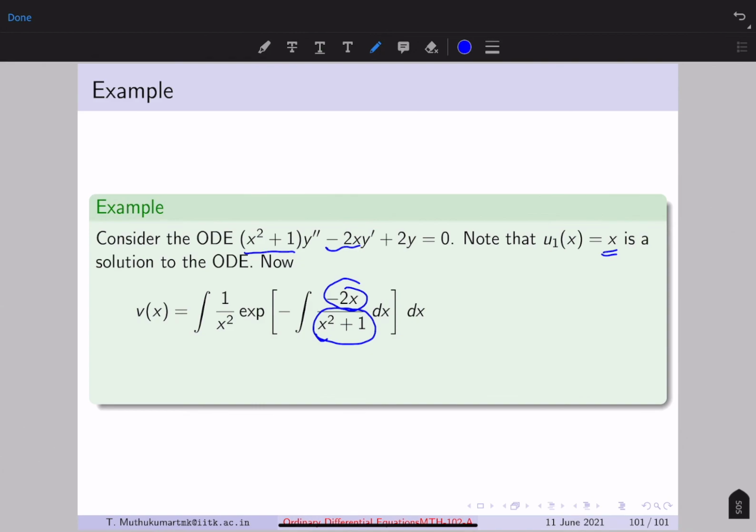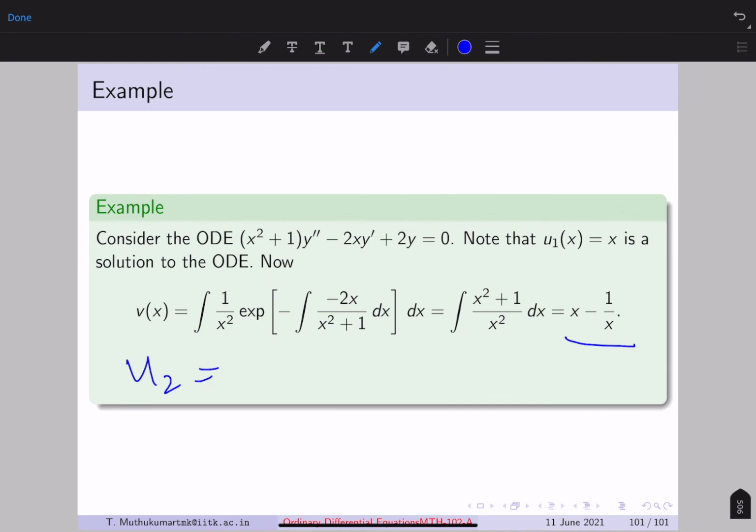You compute this, and if you integrate, you see that you get v to be x minus 1 over x. So what is your u2? Your u2 should be u1 v, where u1 is x and v is x minus x inverse, which gives x square minus 1. So u2 is x square minus 1.